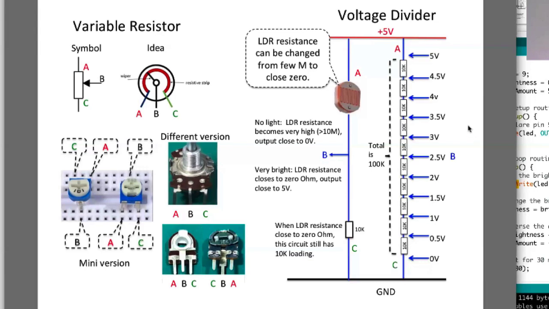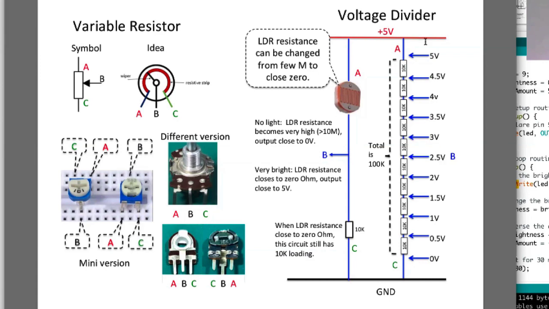So if the total is, let's say, 100K, and I have the wiper at B here, I will get zero voltage, meaning I get value 0. If I jump ahead to this one, it will get 0.5 volt, and so on all the way. In the middle is 2.5. So in this diagram it will be something like in here.